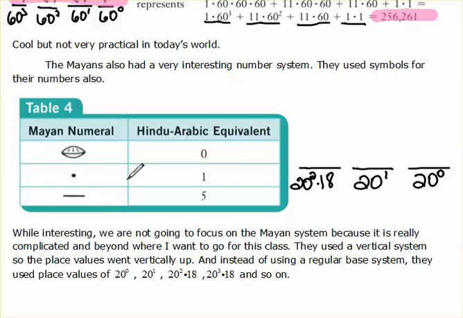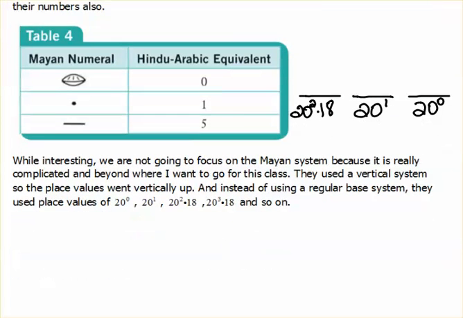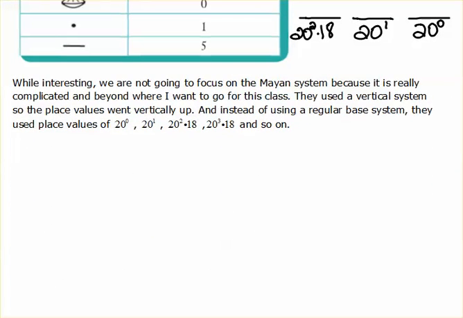And another thing that they did was they didn't write their numbers out side by side horizontally like we do. They actually wrote their numbers out, and I didn't show you a good example, but there is one in the textbook, that they would list out their numbers, like say if they had a 1 in the ones position, it would be a dot, and then if they had a 5 in the next position, it would be a line.